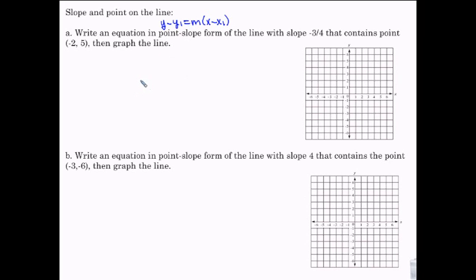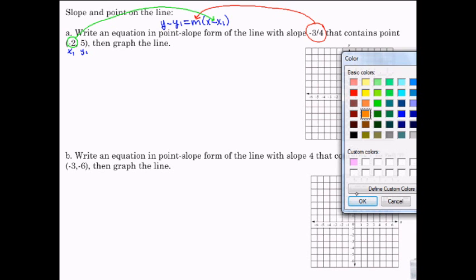Okay, y minus y1 is equal to m times x minus x1. I have a slope and I have a point. This is x1, y1. So I'm going to plug my slope in here. I'm going to plug x1 right there. And I'm going to pick a different color.